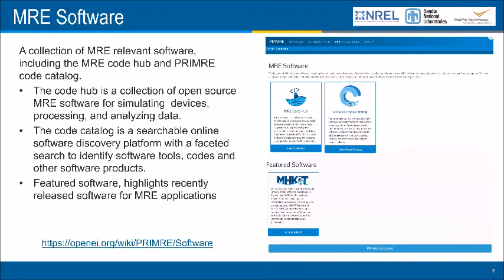Any software that is developed and released on an open source platform is collected within this Code Hub. The PRIMRE Code Catalog is similar, but it expands upon the searchable software in the Code Hub, because it includes commercial software as well.